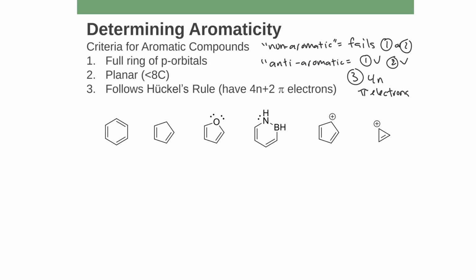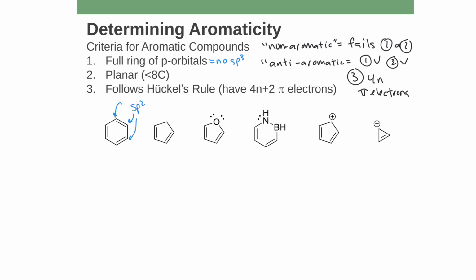Full ring of p orbitals, what I really mean by that, the most important thing is that we don't have any sp3 hybridized carbons or nitrogens or sulfurs or oxygens. So if I take a look at benzene, which we should know is already aromatic, from the previous video, if I look at any one of these carbons, they're all sp2 hybridized.